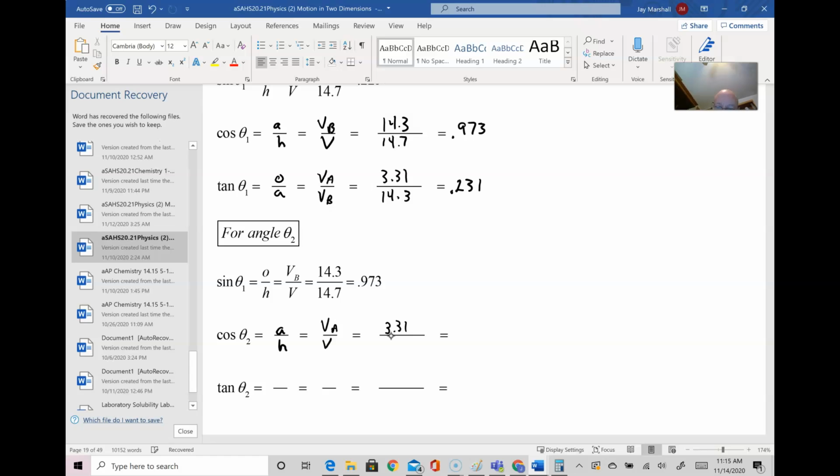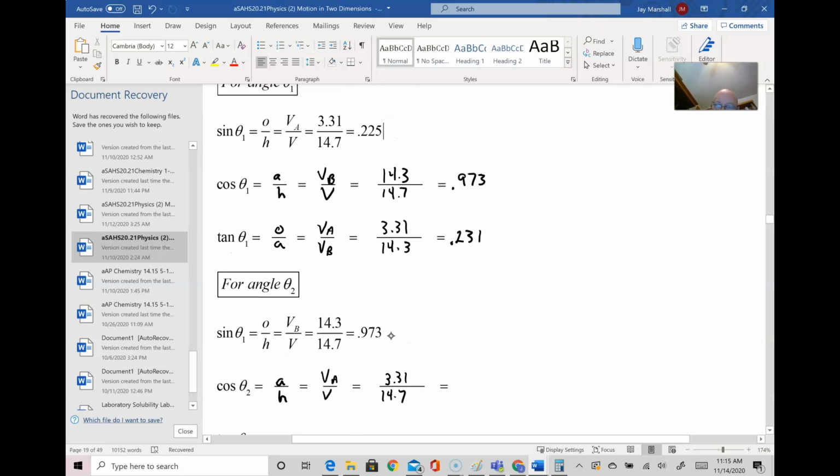And my value for this was 14.7. And it's going to make sense then that this is the same as my value for the sine up above, because now I know that those are reciprocal functions. That's going to be 0.225.